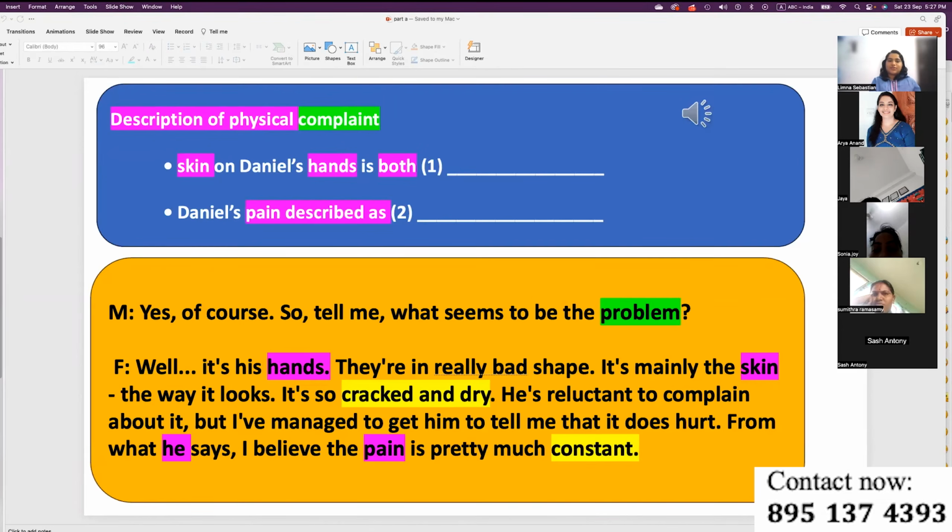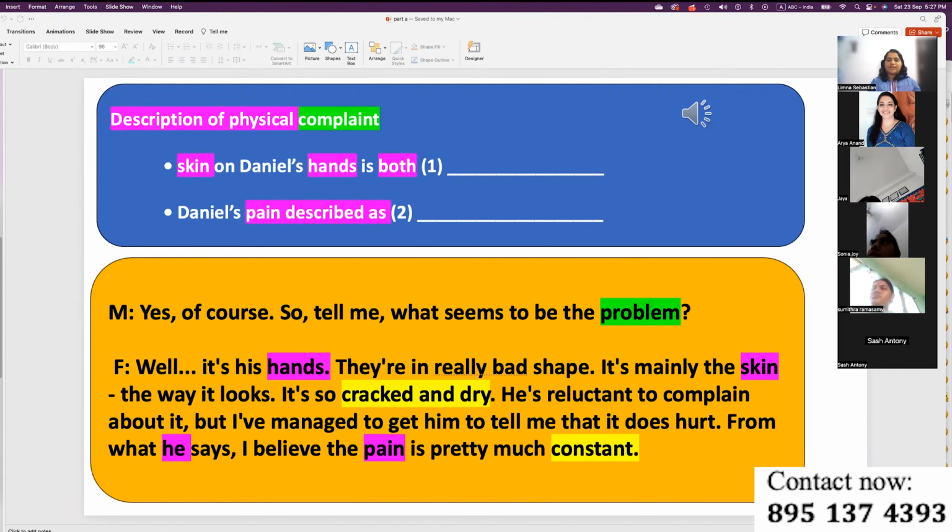Okay. So here it's written, description of physical complaint, in the question booklet. Here we identified that description of physical complaint is an important keyword, an important heading, and the skin, hands, both, pain described as. These are the important keywords.